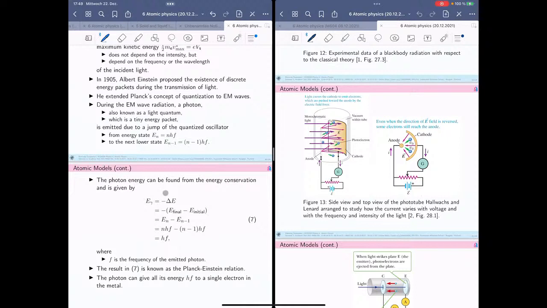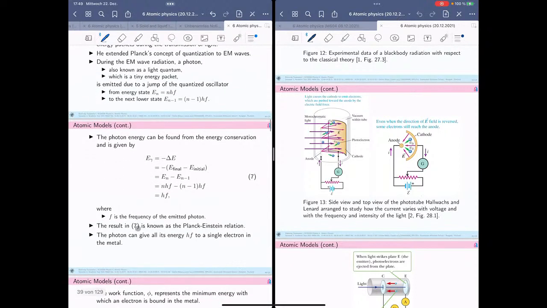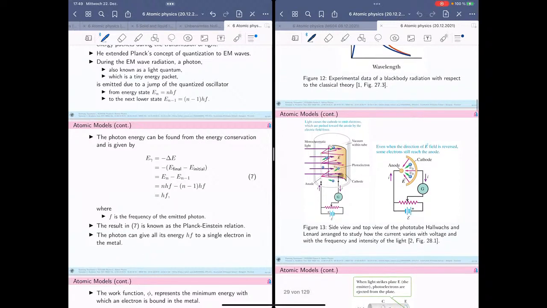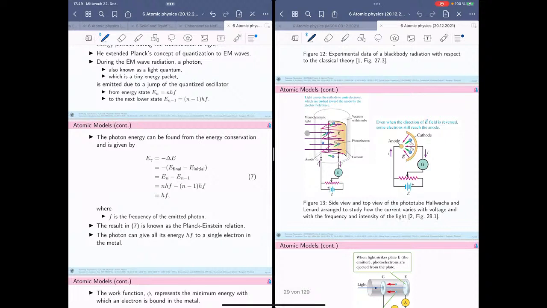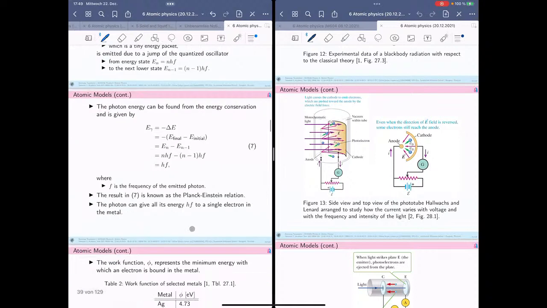The result in 7 is known as the Planck-Einstein relation, and the photon can give all its energy hf to a single electron in the metal, and that's why we have this experiment. The energy of the photon is absorbed by the atom in the metal.